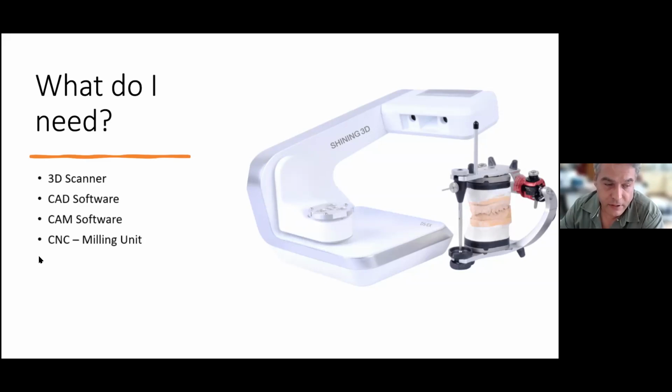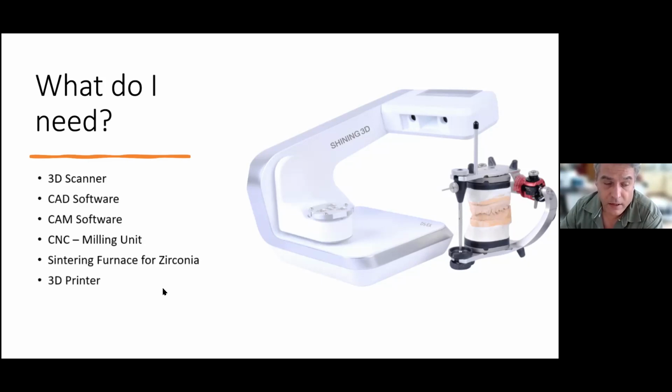Mostly we will then have a CNC milling unit. If you do zirconia, you need definitely a sintering furnace. You cannot use a normal porcelain furnace. It will not reach the temperature you need. We are sintering between 1,400 and 1,500 degrees Celsius. No normal porcelain furnace can do that. And the sintering time can be up to 9 hours.